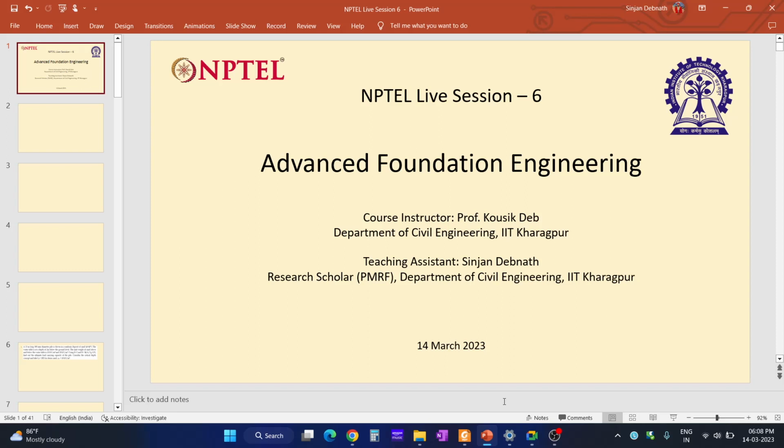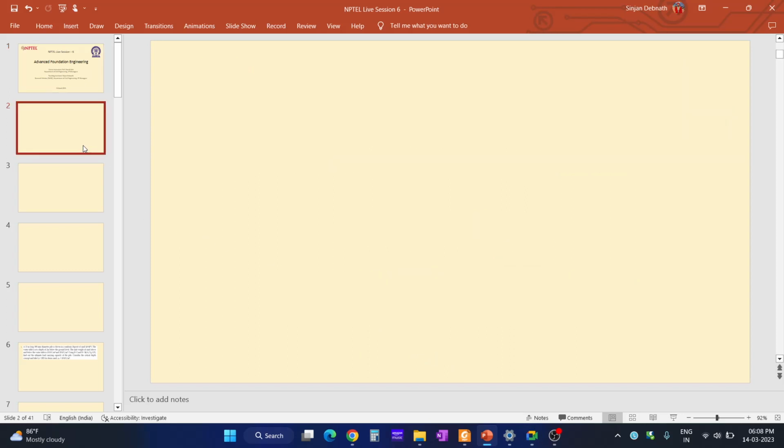So today is our sixth session, and today I'll be talking about pile foundations. So, what is a pile foundation actually? Suppose you have a very weak top layer whose bearing capacity is very low, and if you build a shallow foundation over a weak topsoil stratum, then you may face bearing capacity failure or differential settlement.